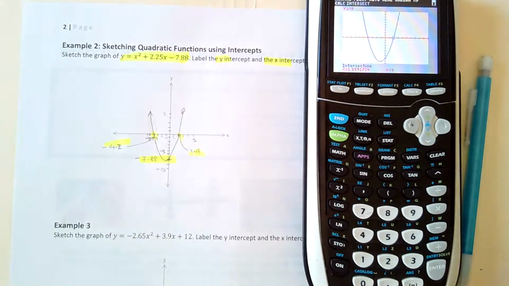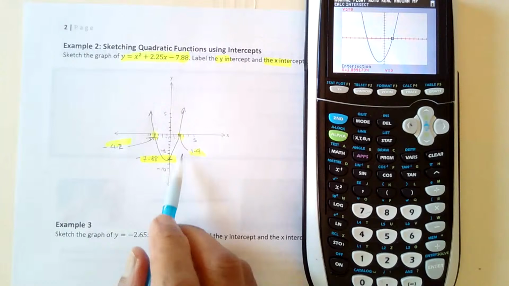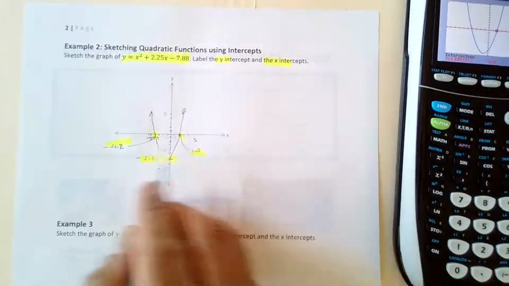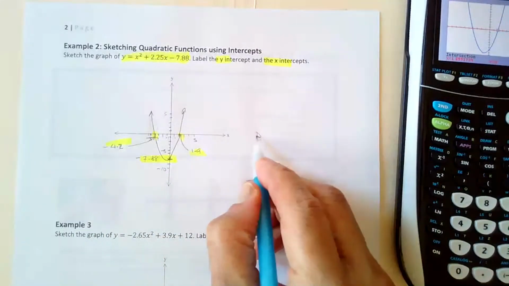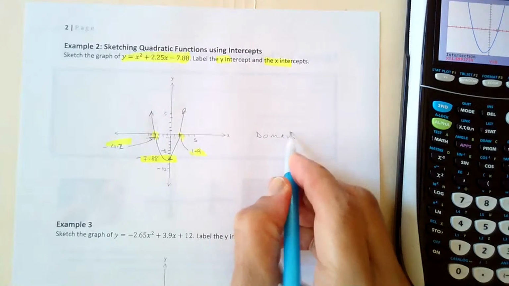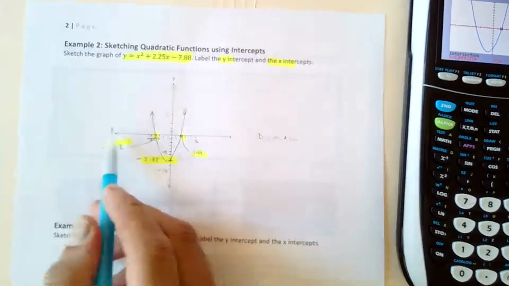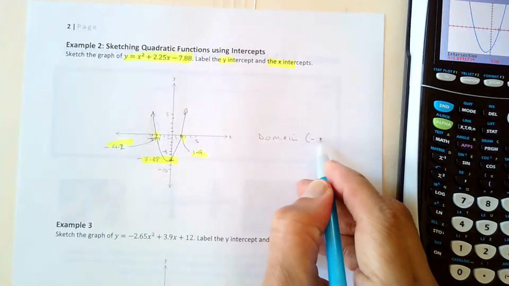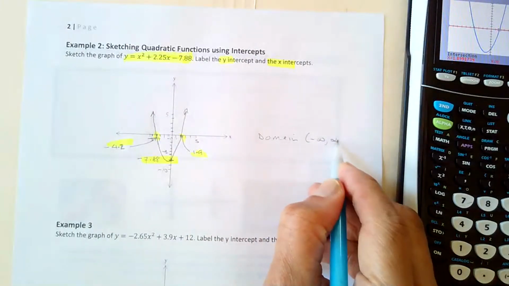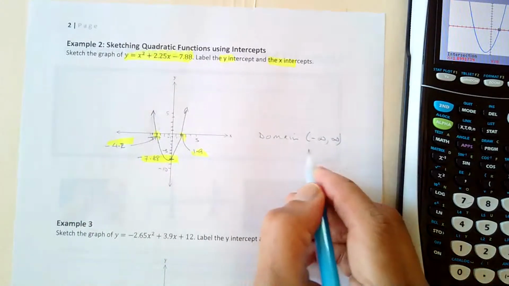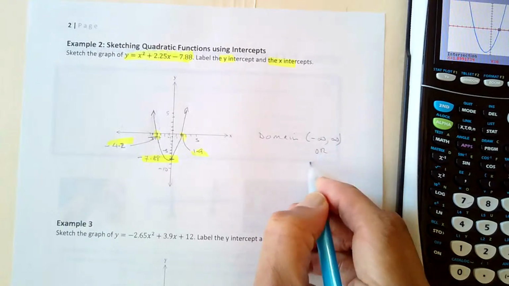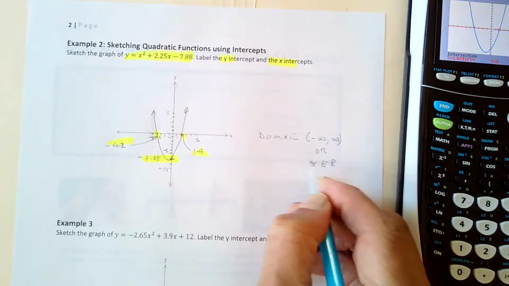Now, if you write your domain here, so your domain, notice it will be all the values from -infinity. So you can say it's from -infinity going to +infinity. There's no restriction. Or you can write it for x, set of real numbers.